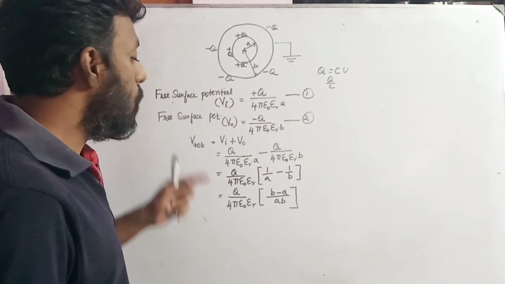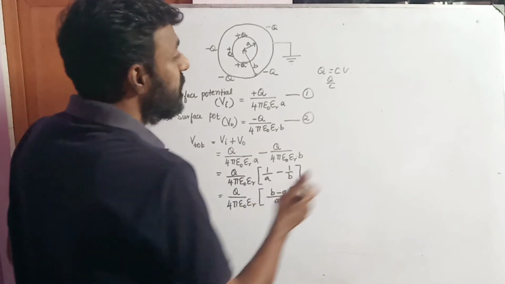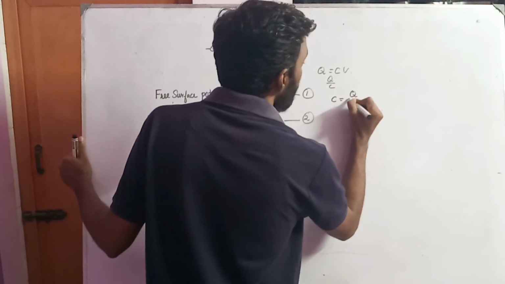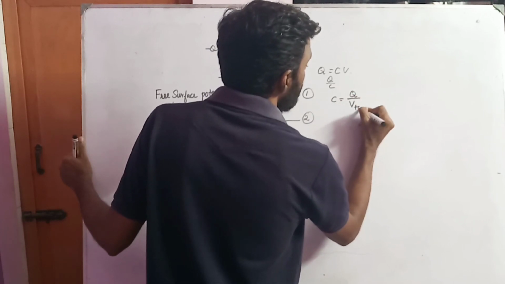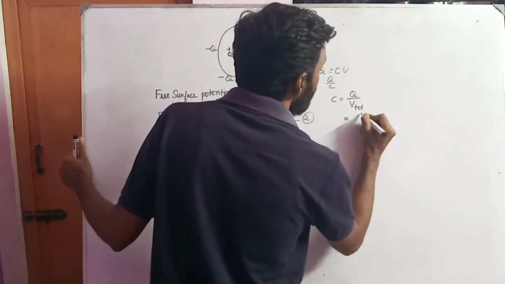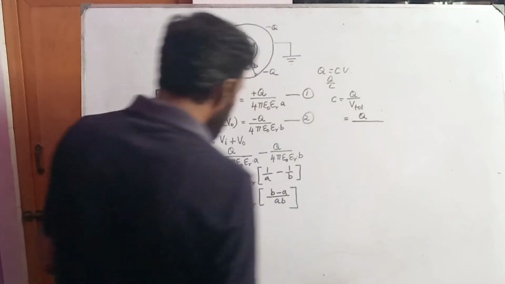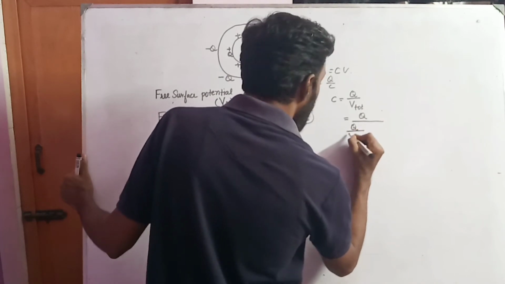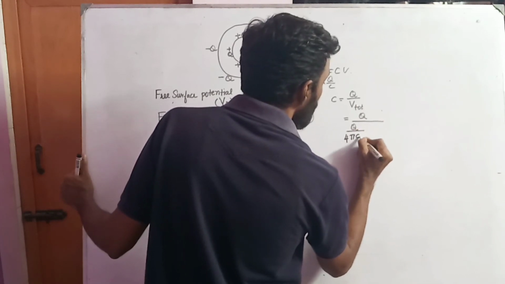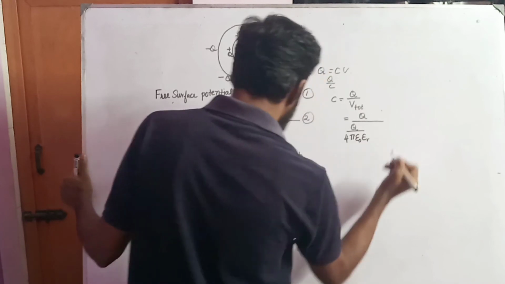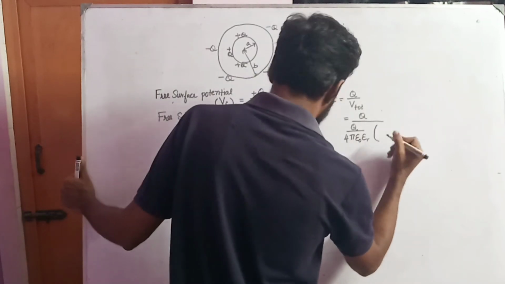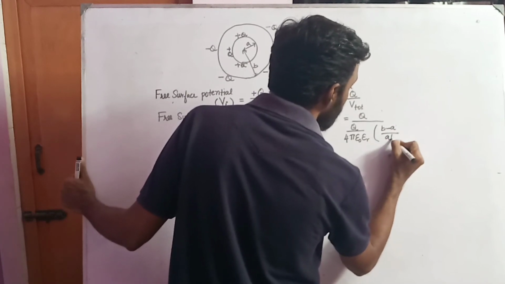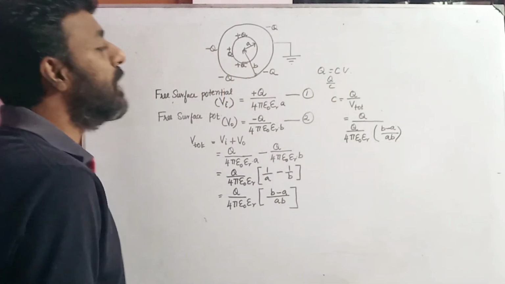Now if I want to find the capacitance value C, C is equal to Q divided by V total. We have found V total as Q divided by 4 pi epsilon naught epsilon r times (B minus A) divided by AB.